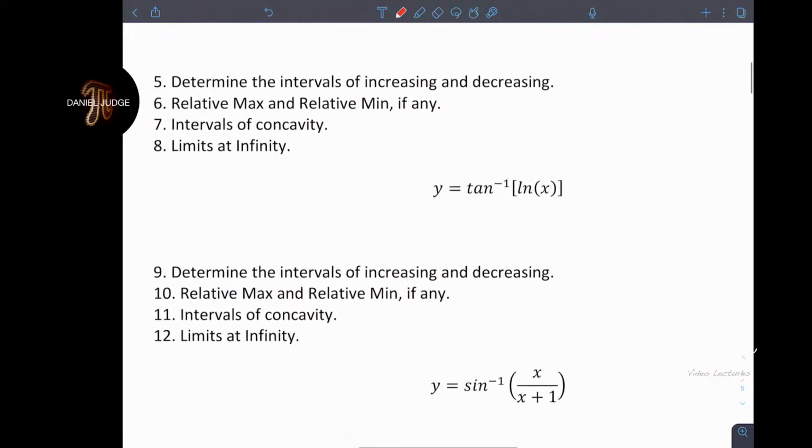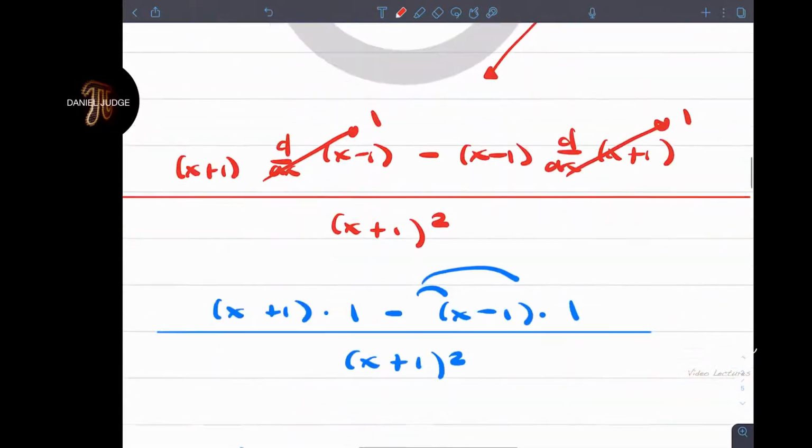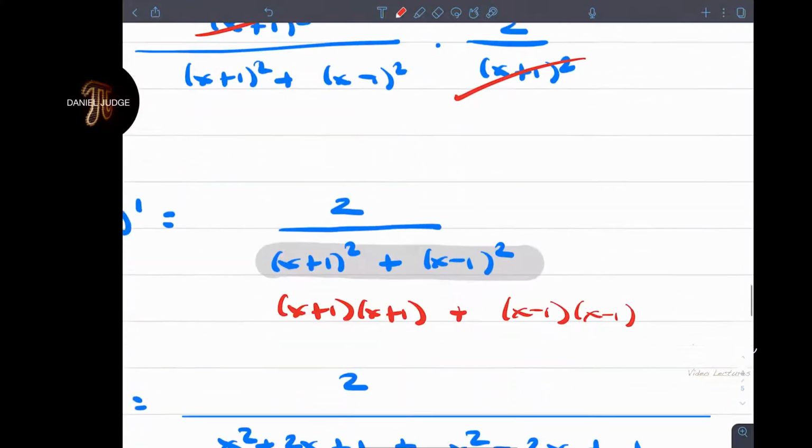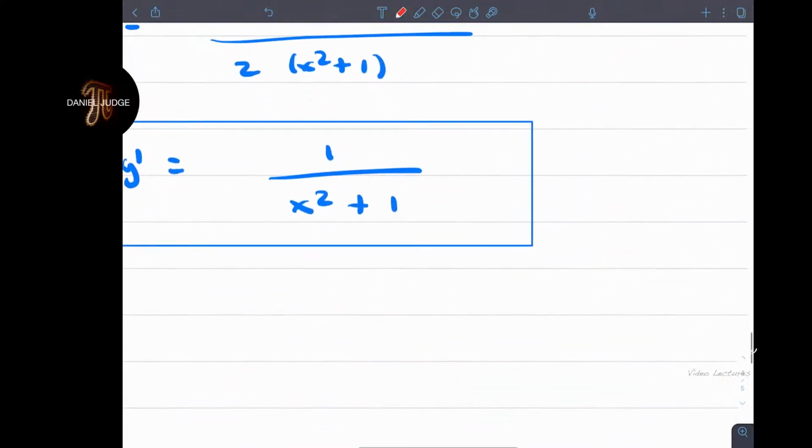Okay, sign analysis on the first derivative. So here's our first derivative. We've got to do sign analysis.